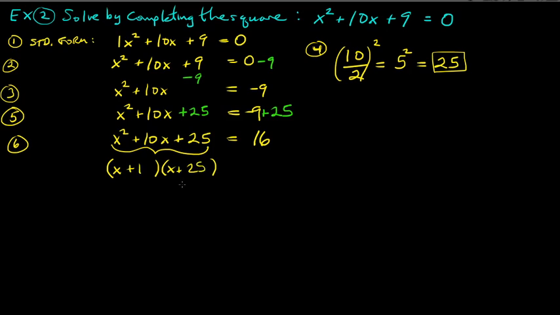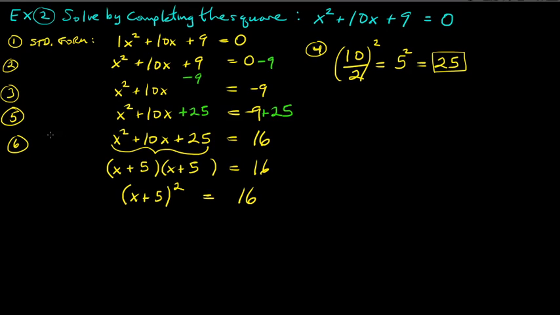But 1 plus 25 is 26, not 10, so that didn't work. So it's just going to be x plus 5 times x plus 5. In other words, these had to be the same. It has to be a perfect square trinomial, which means you want to write it as x plus 5 the quantity squared, equals 16. So it's still equal to 16.